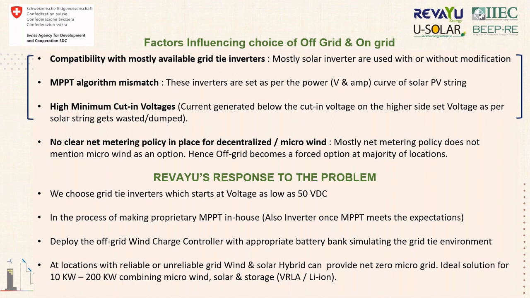Even when the blade rotates at lower wind speeds, some power is generated at lower voltages which should be fed to the grid. But when inverters are designed for higher voltages, any power generated below that voltage gets completely dumped, which is a big loss that can happen if the grid tie inverter is not chosen properly.